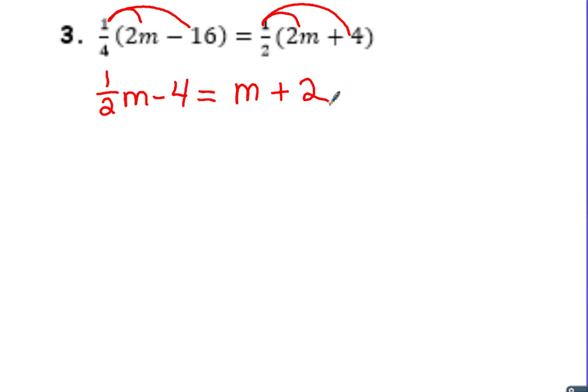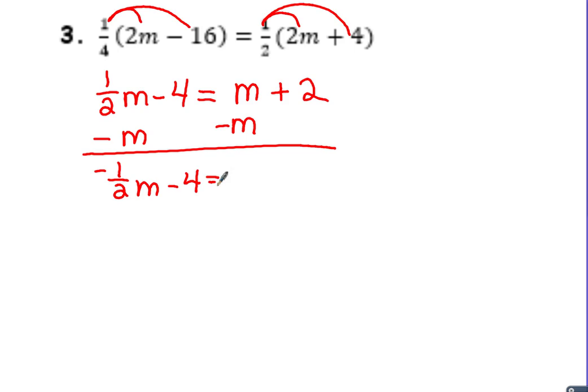So now we have to move our variables to one side and our constants to one side. I subtracted m. That leaves me with negative 1/2 m minus 4 equals 2. Add 4 to both sides.